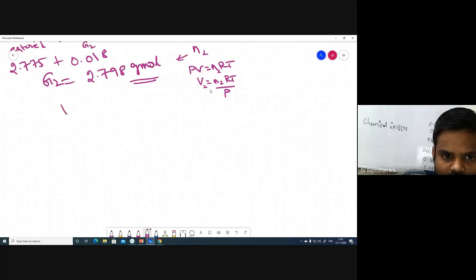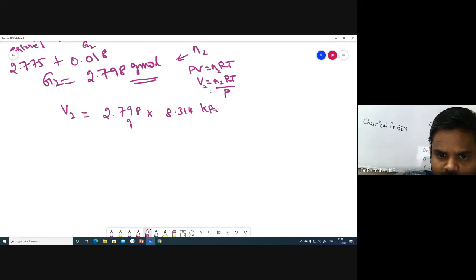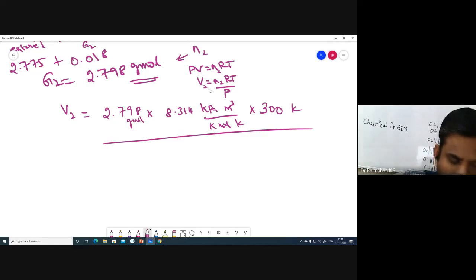So how to find G2 value? So we have V2 is equal to N2 value, that is 2.798, multiplied by R value, 8.314 kilopascal meter cube per kilomole Kelvin, into temperature, 300 Kelvin, divided by pressure, 98.391 kilopascal.